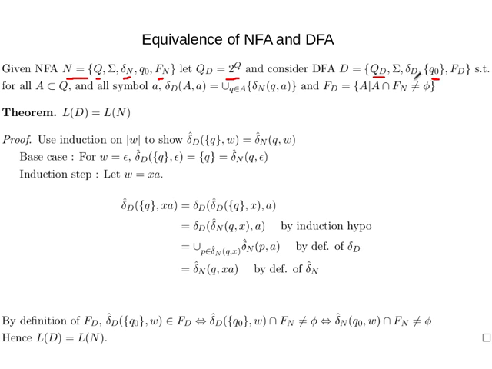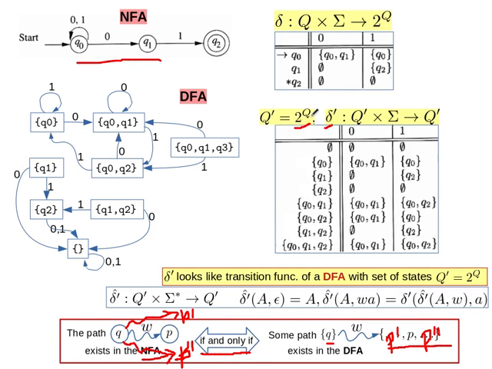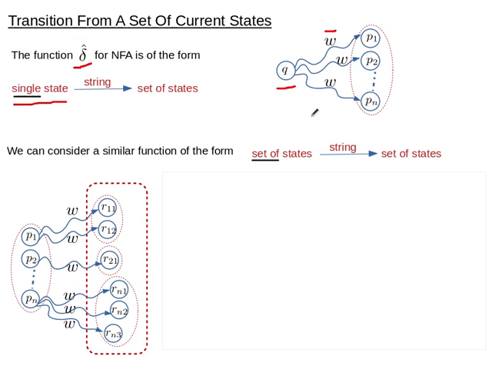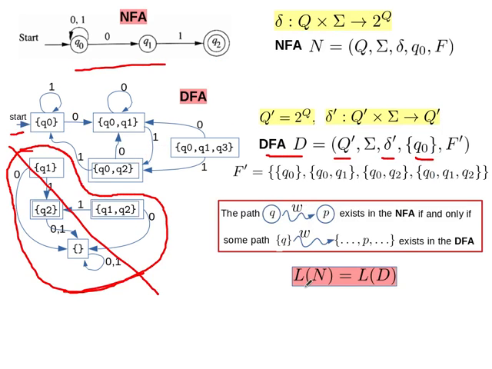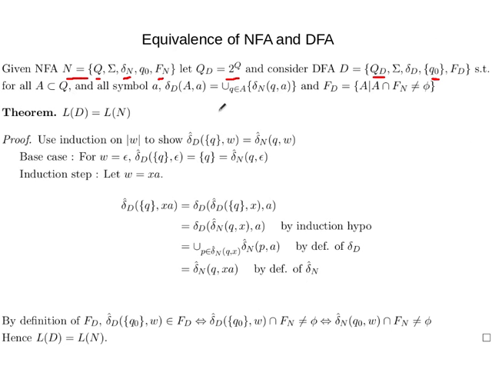And then we defined this transition function using this, right? So we use this same definition for a general construction. Here is the definition.